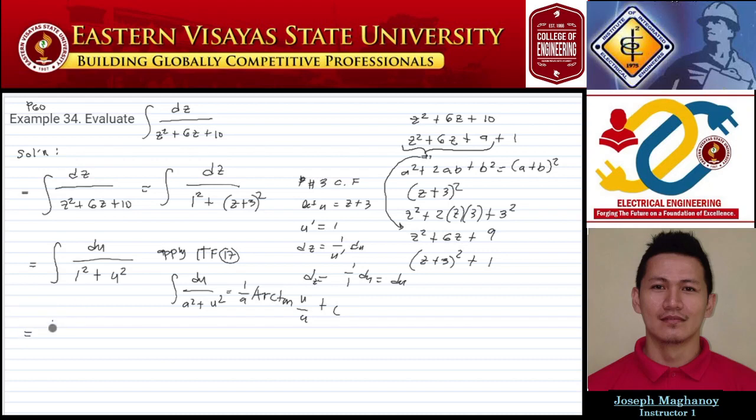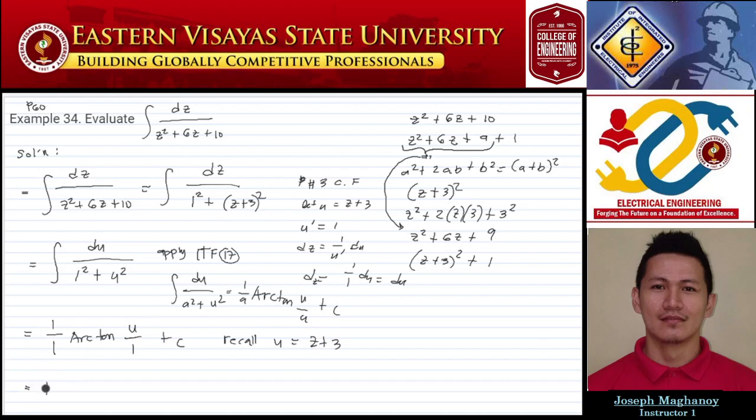So 1 over a, our a is 1, still 1. So arctan u over a, which is 1, plus c. And we can recall our u is equal to z plus 3. So we rationalize.